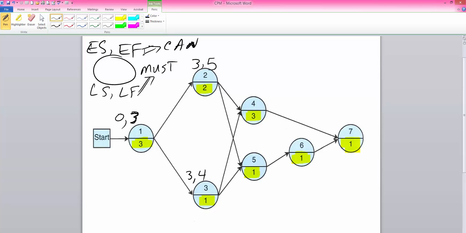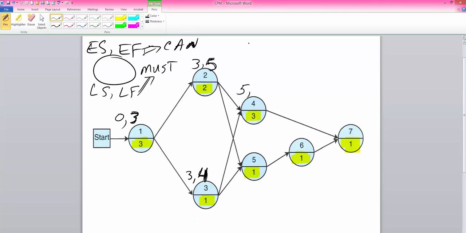Well, look, activity 2 at the earliest can finish in time period 5, and activity 3 can finish at the earliest in time period 4. So activity 4 must wait for both of them to be finished. So at the earliest, it can start at time period 5.